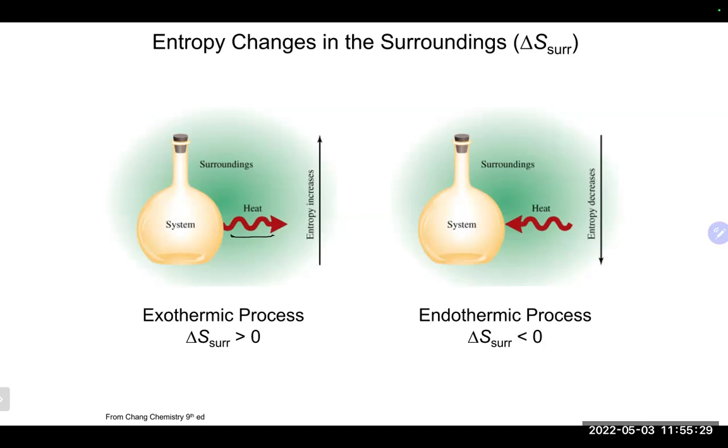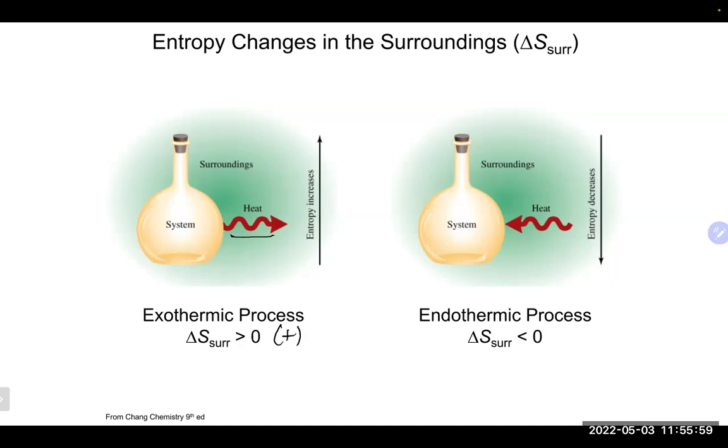They're gaining that energy, which means the amount of disorder in the surroundings, should that go up or down? If everybody in the surroundings gains the energy and starts flying around a lot faster, that should increase the disorder. The result is that our delta S of the surroundings will become a positive value because it's gaining all that energy from the reaction.